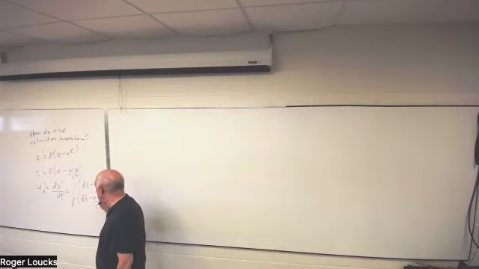What's the next step? We pull out a dt. So we pull out a dt here. I'm pulling out one at the top and one at the bottom. That's pulling a dt out of the top, and I do the same thing out of the bottom.